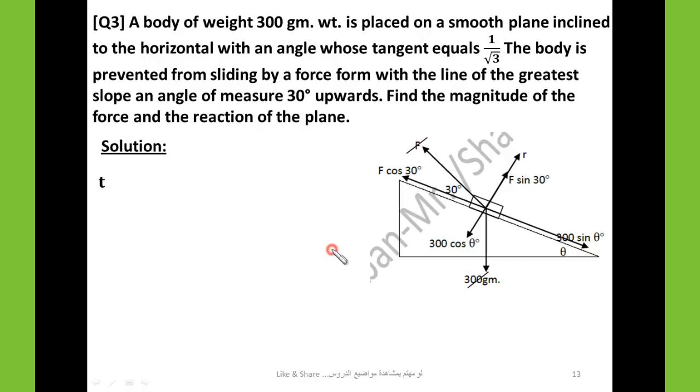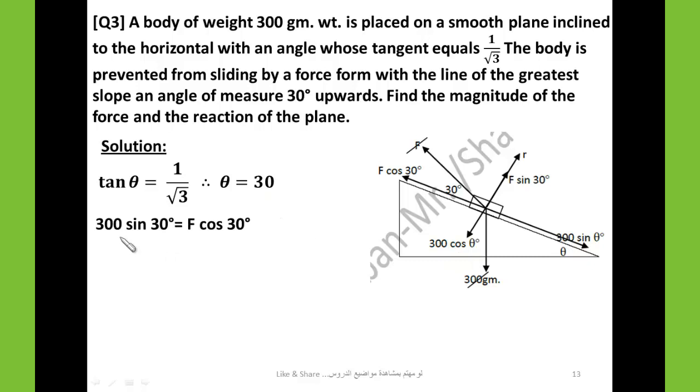So first, to calculate theta, we have tan theta equals 1 over root 3, so theta equals 30. Now we know this inclination angle, and we need it to substitute in sine theta and cosine theta.